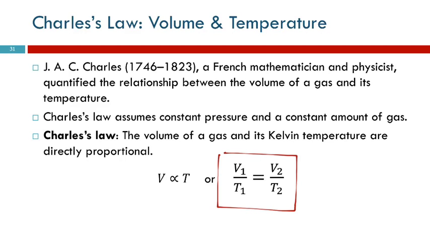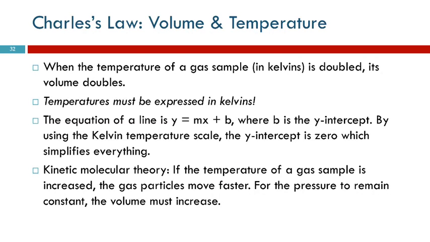This doesn't work if you use Celsius or Fahrenheit, because then that graph has a non-zero intercept and the line is not y equals mx. So when the temperature of a gas sample in kelvins is doubled, its volume doubles.